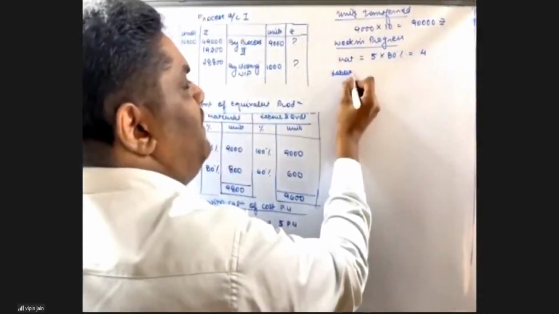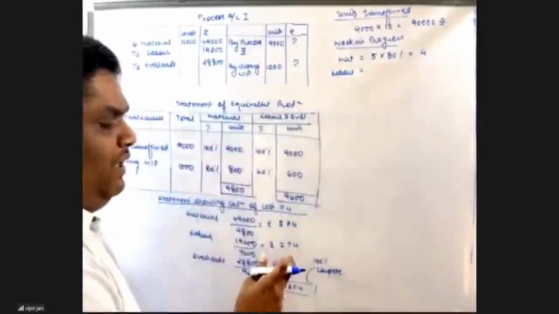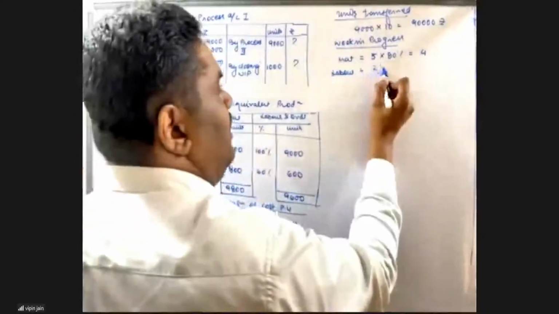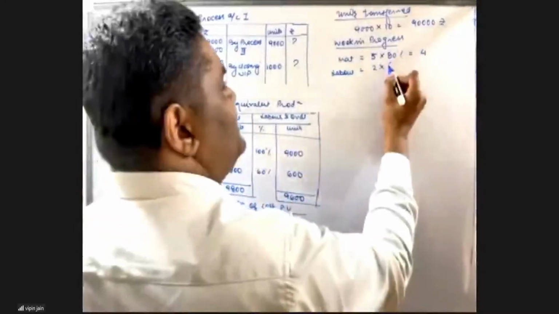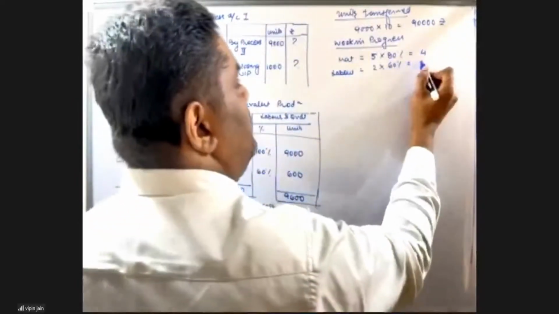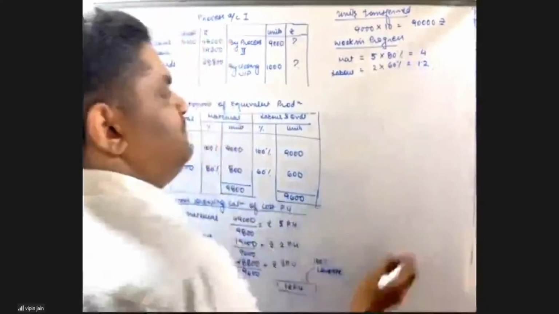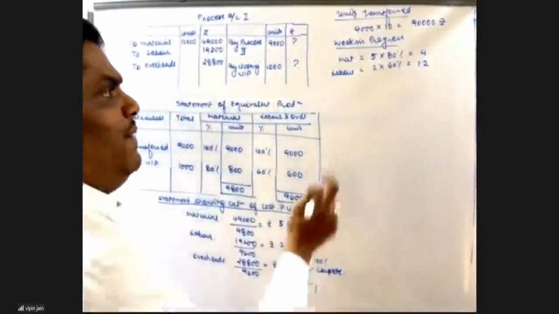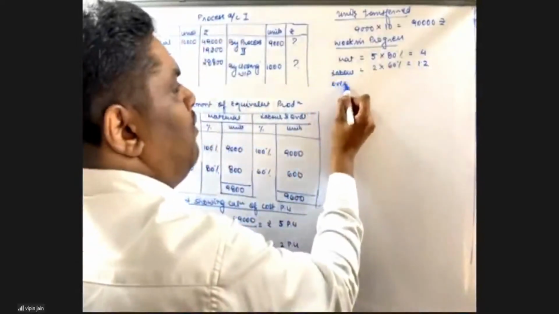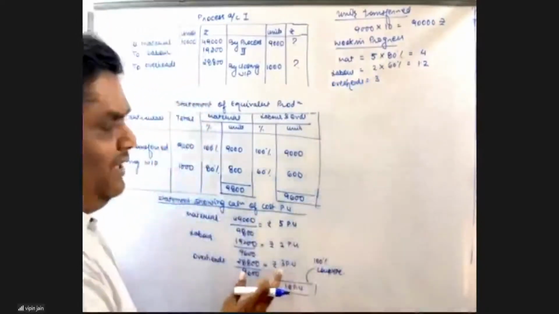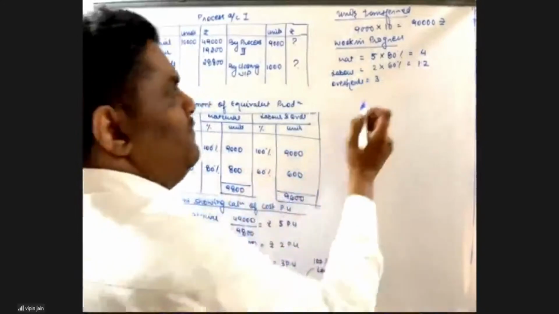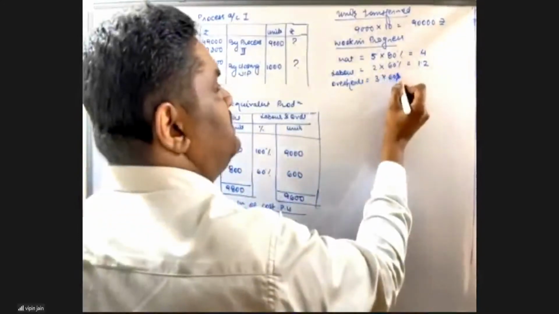In respect of labor, again, the cost per unit we have calculated is 2. And the percentage of completion in respect of labor is only 60%. So this will be 1.2. When talking about overheads, the cost per unit is 3, and again the percentage of completion is 60%.